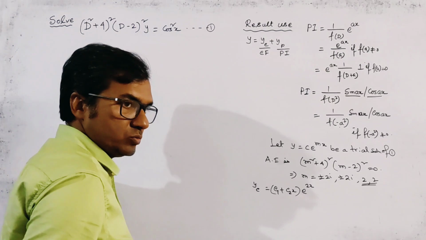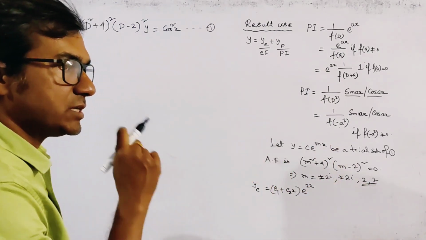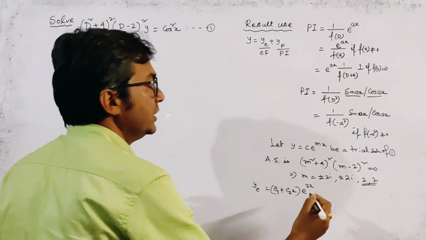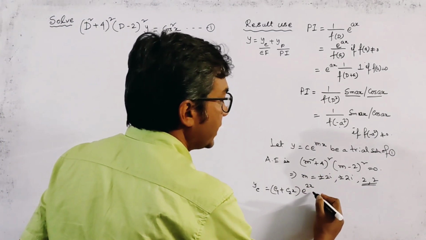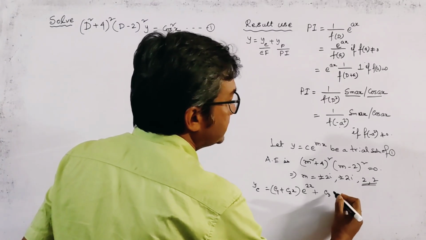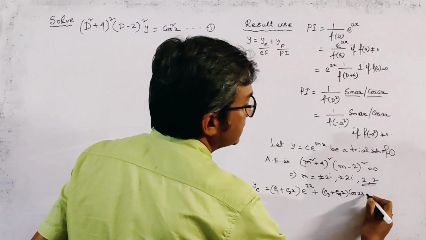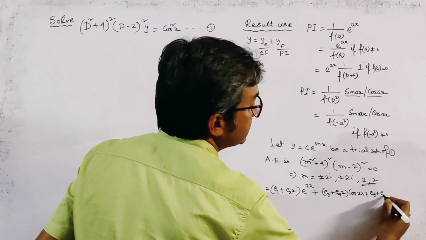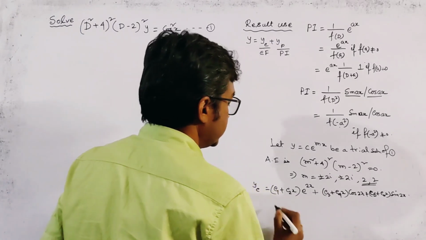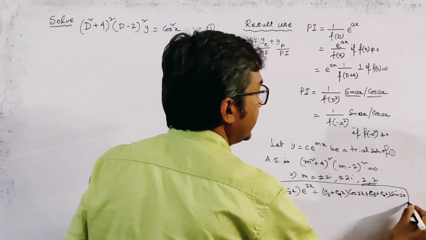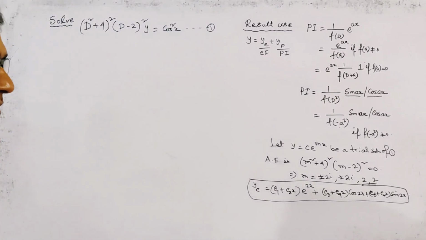For this 2 and 2, these two are repeated roots, repeated 2 times, and these are real. And for the two repeated complex roots, we get the solution as c3 plus c4x into cos 2x plus c5 plus c6x into sin 2x. And this is the complementary function of the general solution.